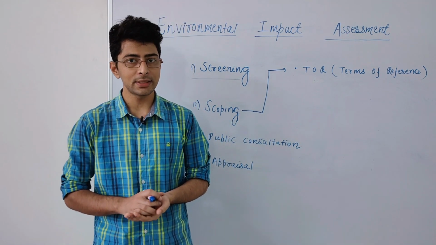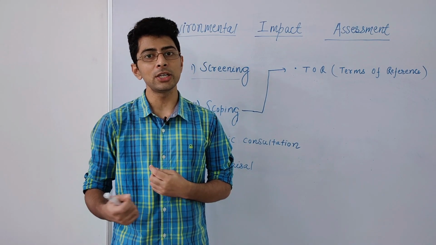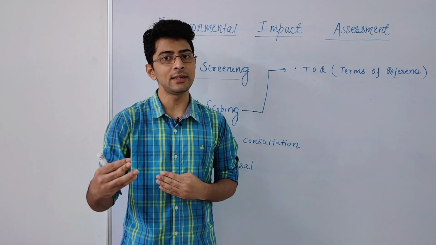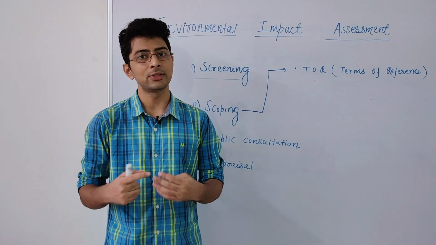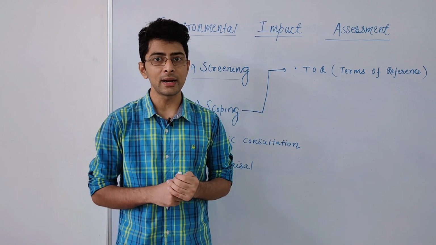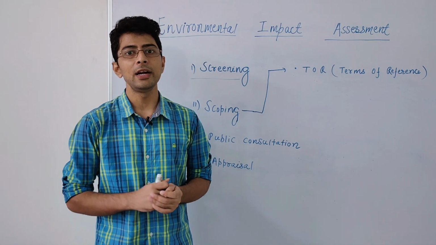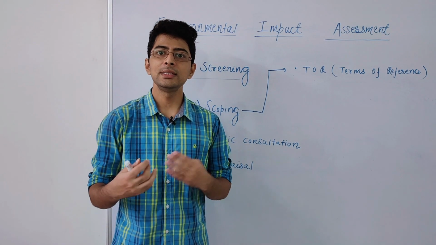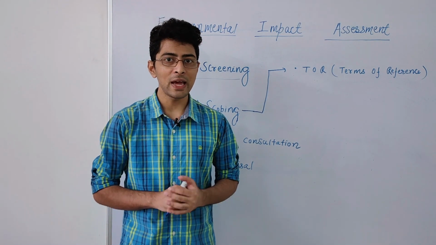As we have discussed, different kinds of projects will have different natures of impacts on the environment. That is, mining will have a different set of environmental concerns. The construction of a dam is associated with a different set of environmental concerns. The construction of a thermal power plant will have a different impact, and it will cause changes in environmental variables which are different from the construction of a dam.